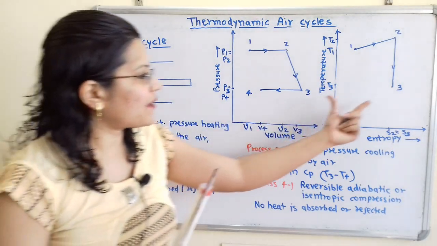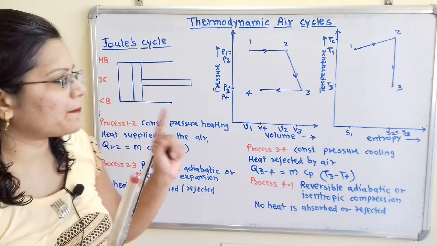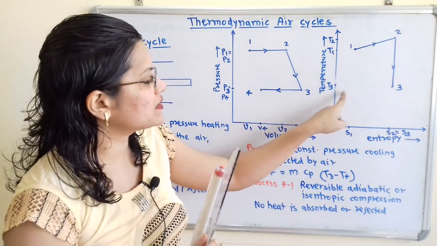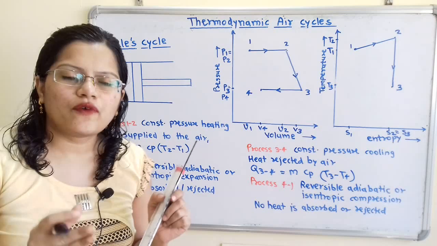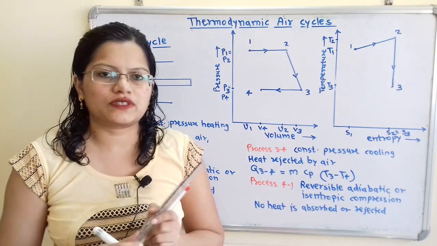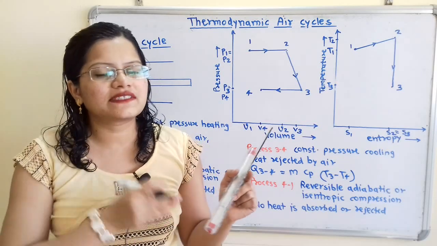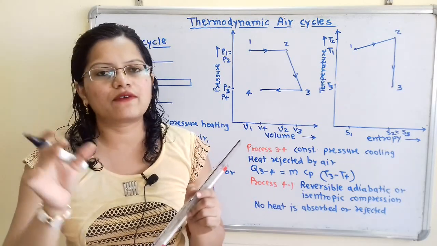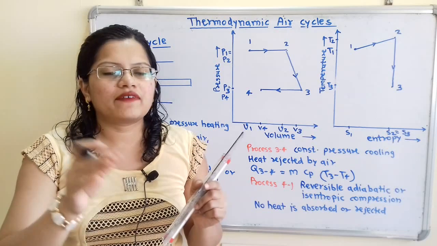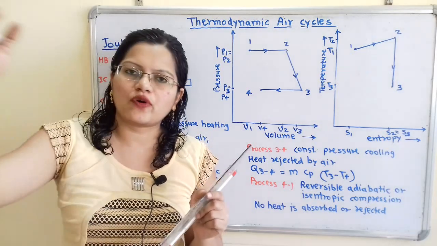Now at the same time we will show here the process temperature, we have to show decrease in temperature. So what is happening during cooling process for the entropy? During cooling process entropy is getting decreased. So you have to note down in your notebook, whenever the heat addition is taking place entropy increases.